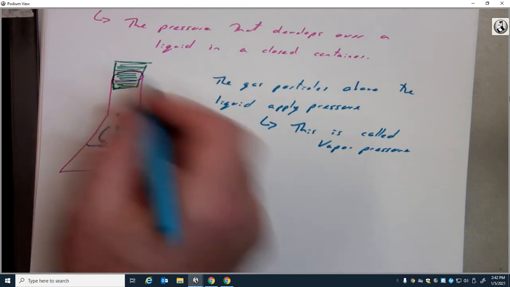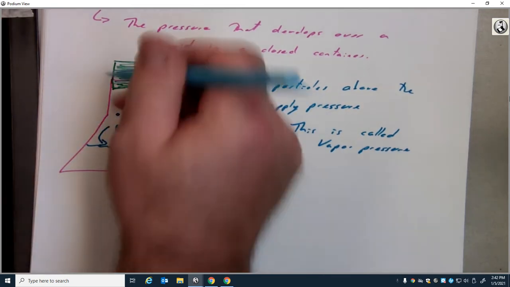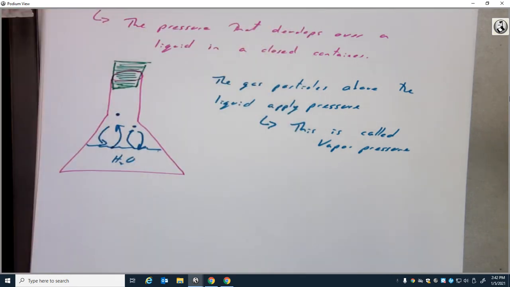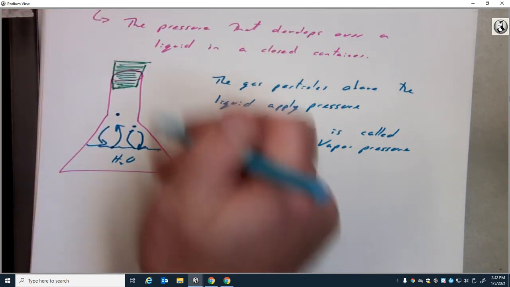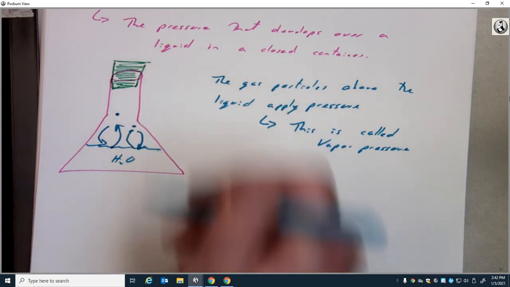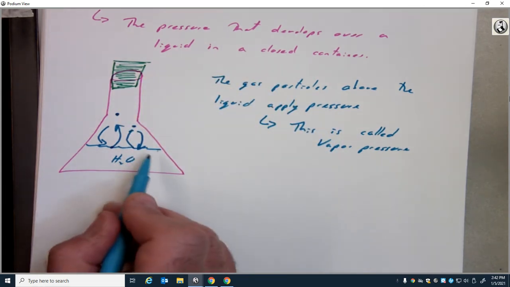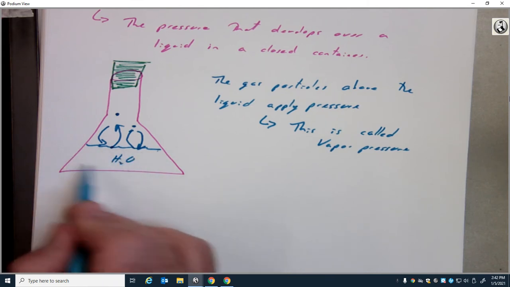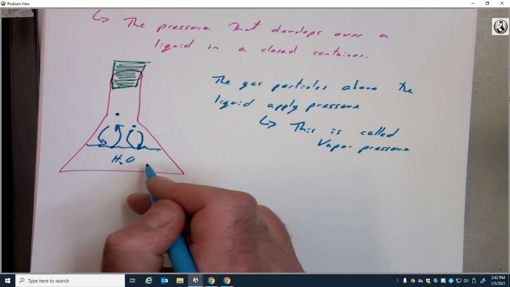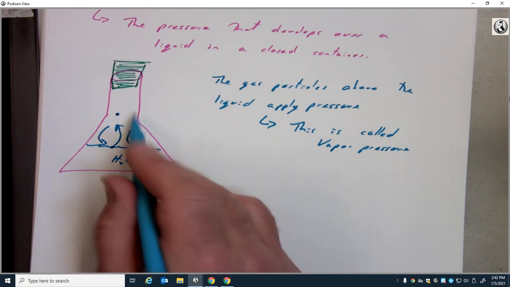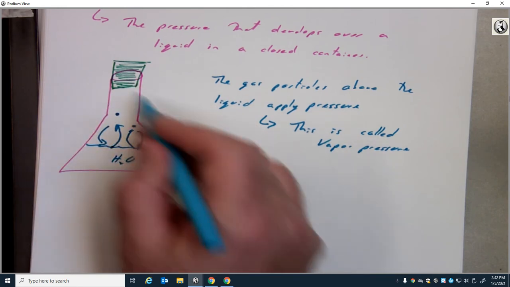Now, let's say that I take this same closed container and I put it back there on the ledge in the sun. What happens to this equilibrium? Well, the temperature of this water goes up, which means the evaporation rate is going to increase, which means we're going to get more gas particles up here.